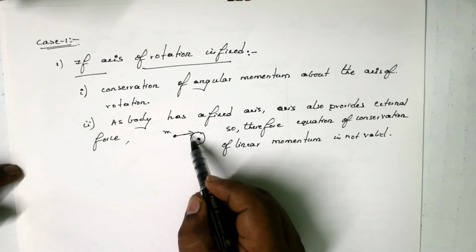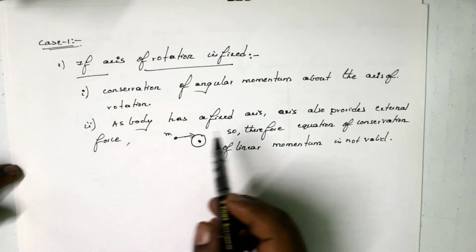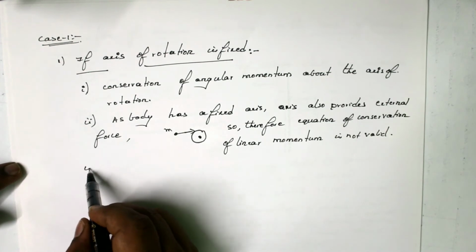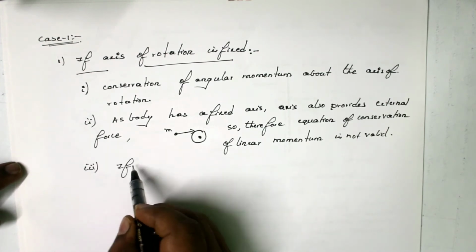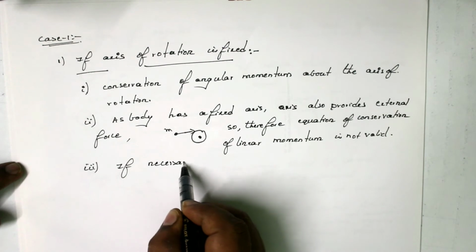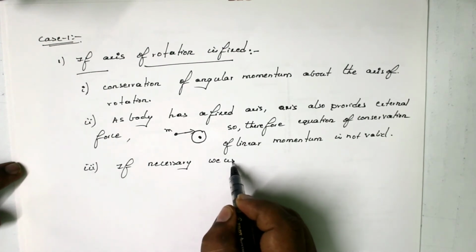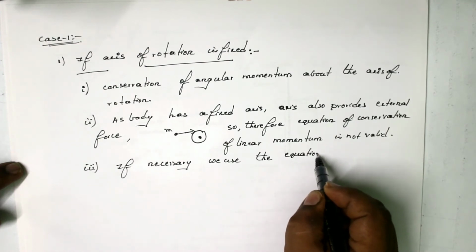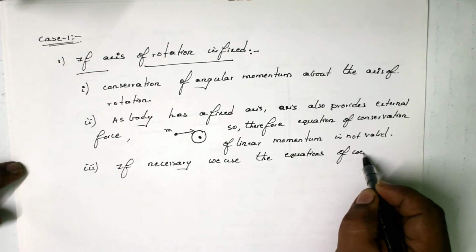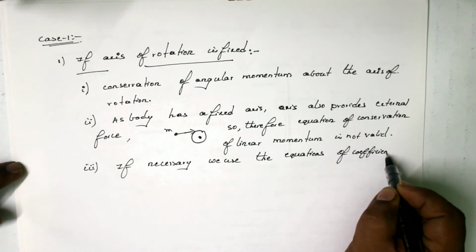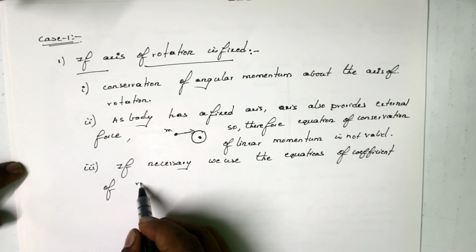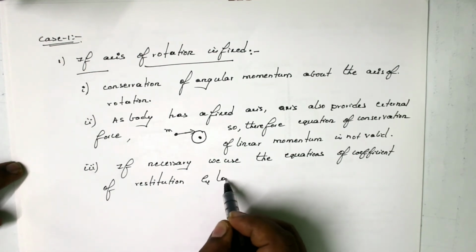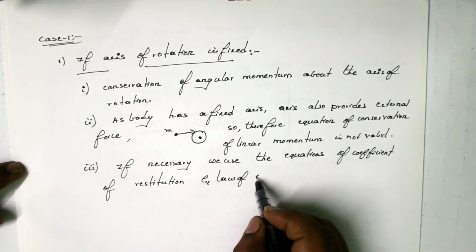But here, as the axis is also providing some external force, we cannot write the linear momentum equation for this body. Similarly, if necessary, we use the equations of the coefficient of restitution and the law of conservation of energy.